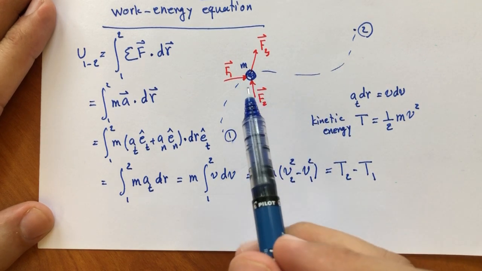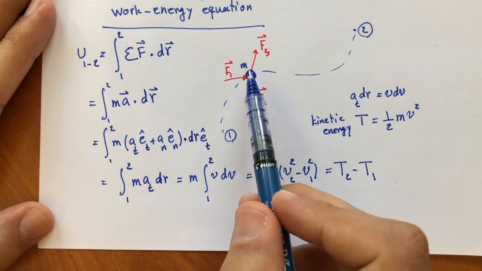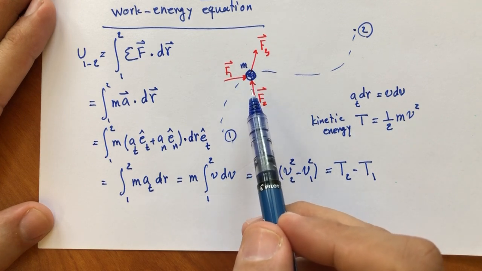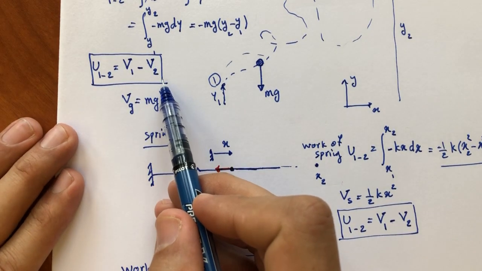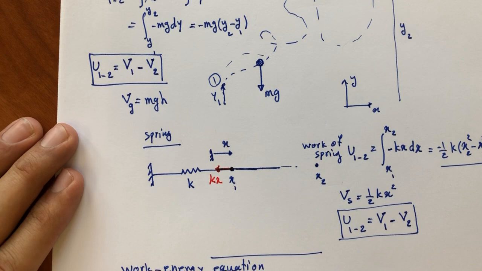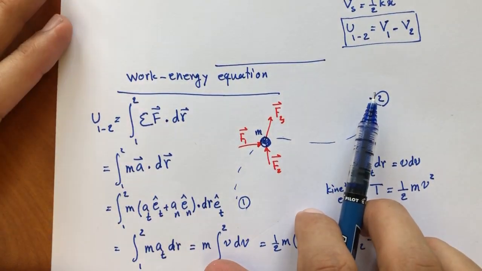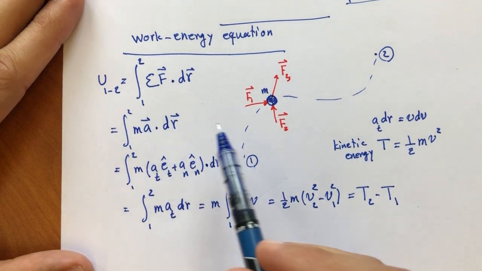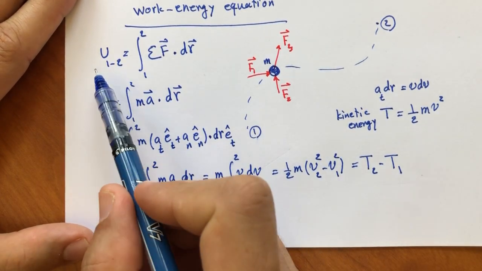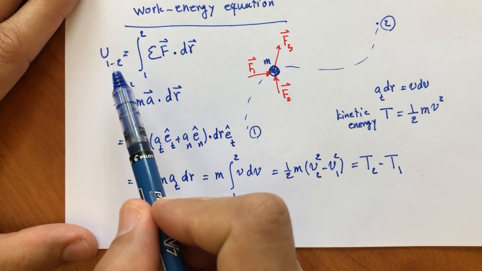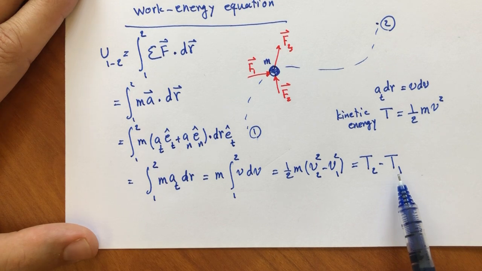So if you separate all the conservative forces that we have here, like work of spring and also work of gravitational force, and write them as V1 minus V2, the difference between potential energy, and if you have any non-conservative forces, show the work of them with U prime. So here we are going to have V1 minus V2 plus U prime from 1 to 2 is going to be equal to T2 minus T1.